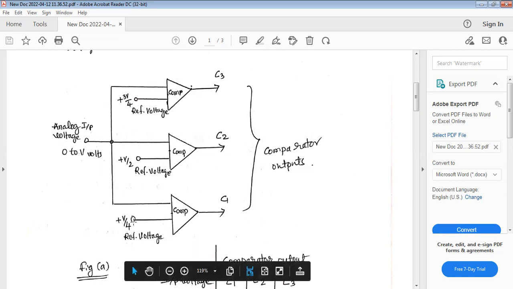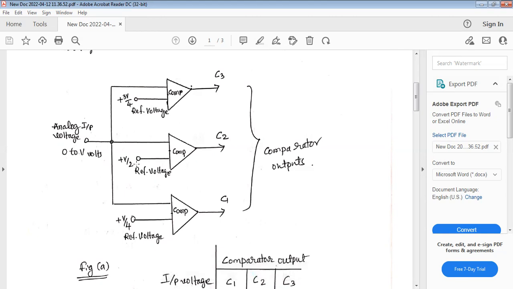Here, for example, C1 is given a reference voltage of V by 4, C2 is given a reference voltage of V by 2, and C3 is given a reference voltage of 3V by 4.